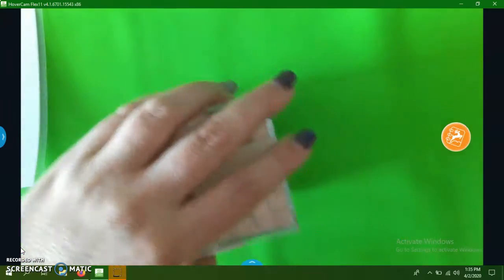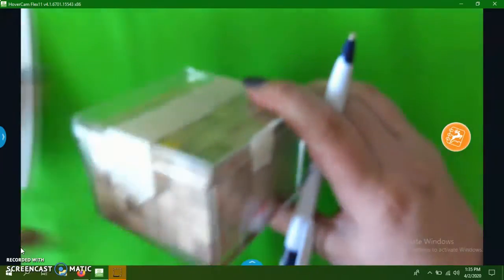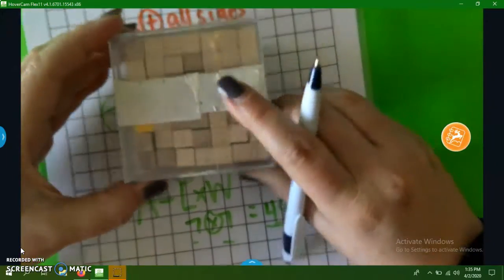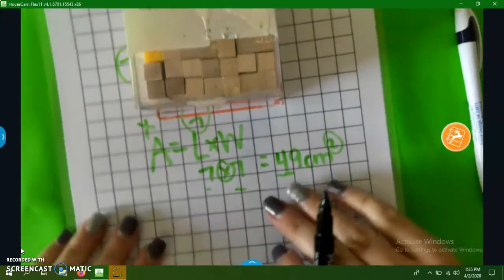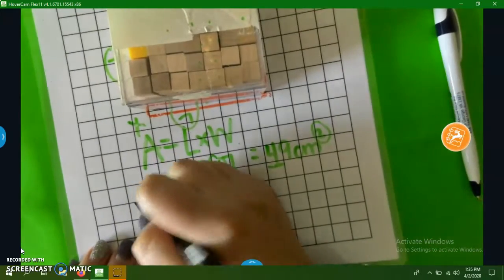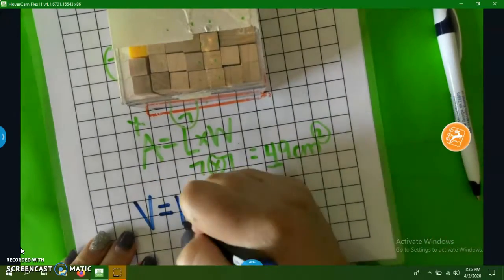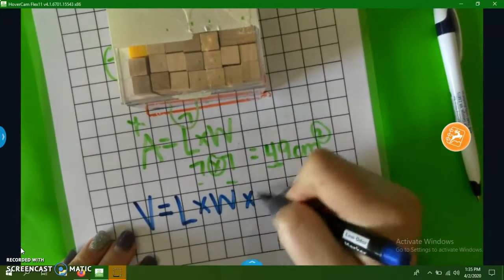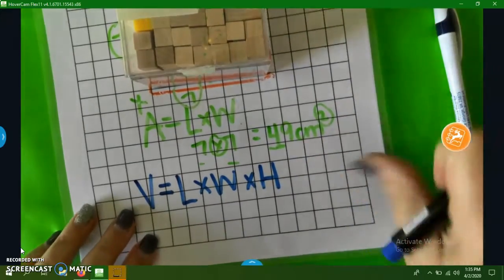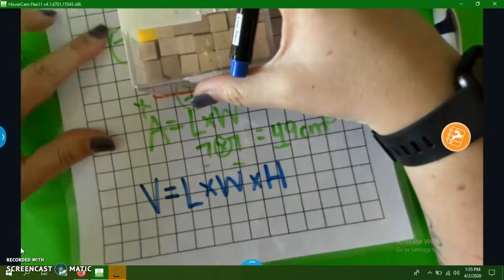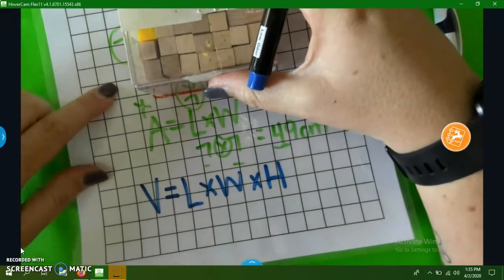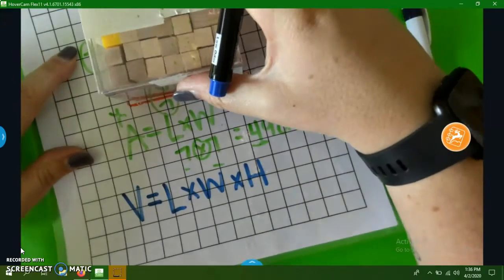So, if I go back to my calculations here, if I wanted to calculate volume, which I do, it's the purpose of this video, volume is length times width times height. For this particular shape, it's not a cube, I keep saying that, because a cube would be 7 high, and this isn't.